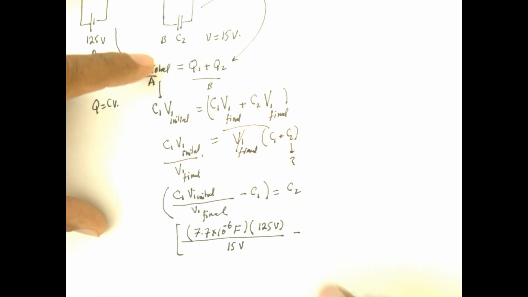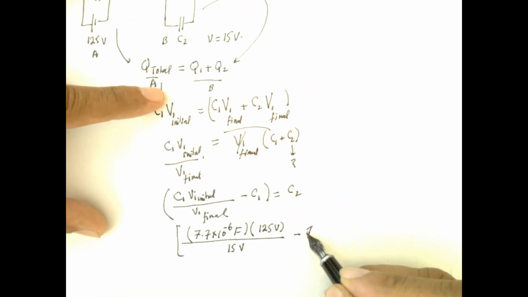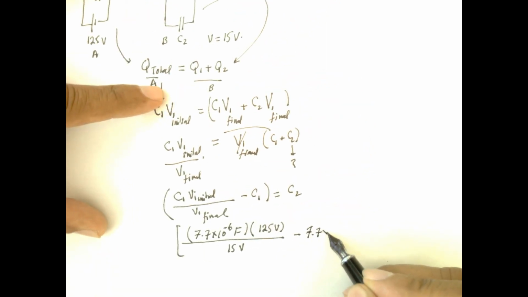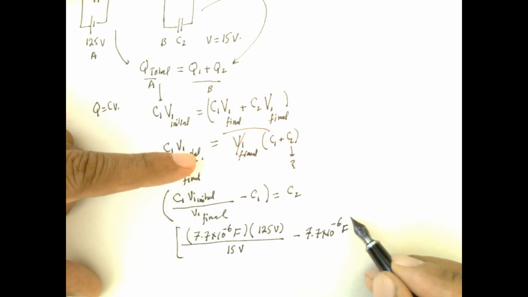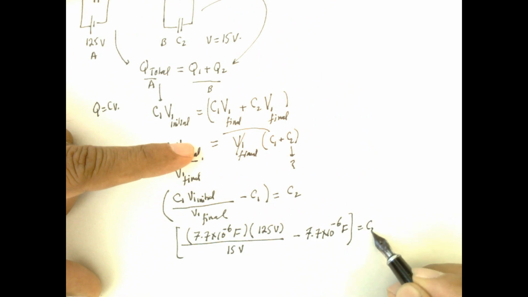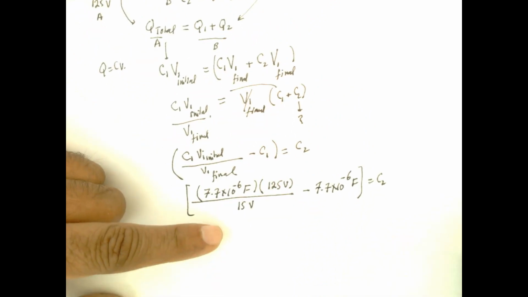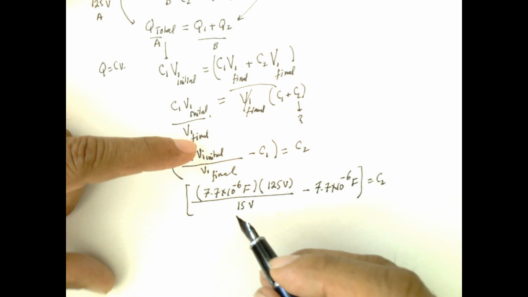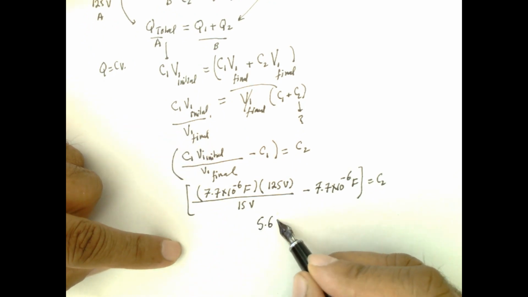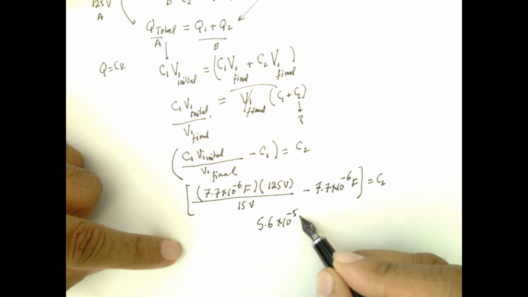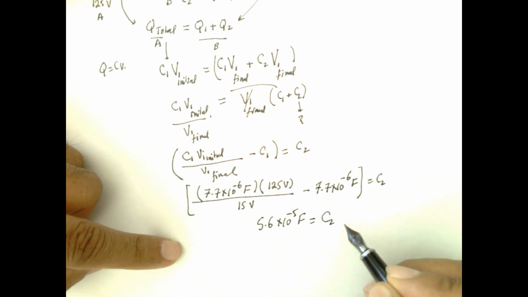C1 is also common, 7.7 into 10 to the power minus 6 farad, which is equal to C2. If we calculate this value, then we will get the answer 5.6 into 10 to the power minus 5 farad, which is equal to C2.